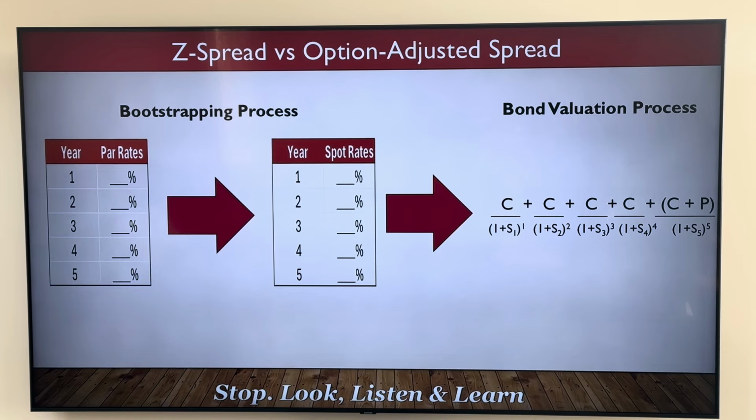And then once we get to the maturity, we take the coupon that's going to be paid in the final year of the bond plus the principal that will be repaid at that point, and we discount the sum of those two cash flows by the appropriate spot rate. So in this case on the board here, we would discount the coupon and the face value by the 5 year spot rate because we're assuming that this bond is a 5 year bond, right?